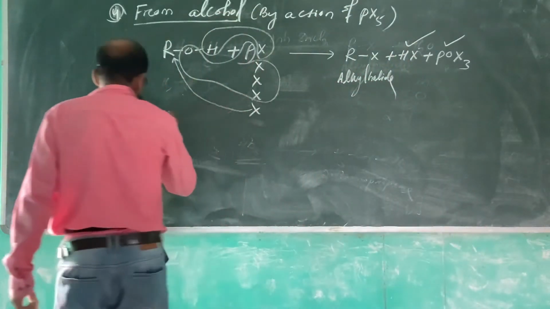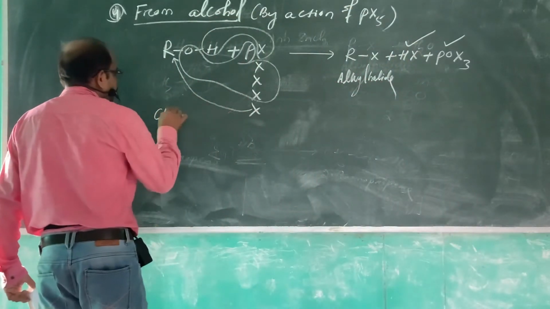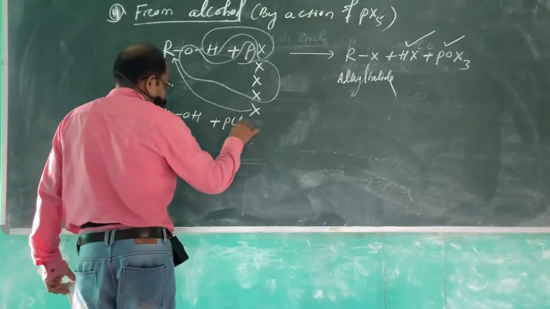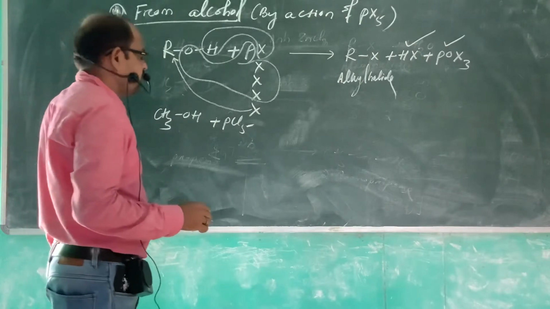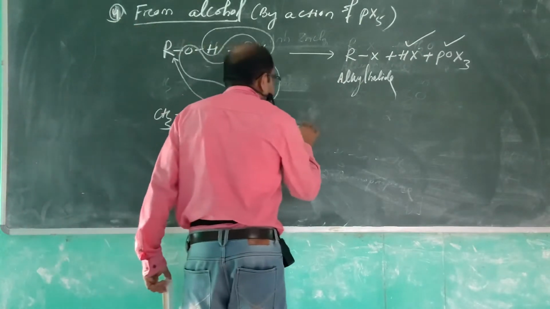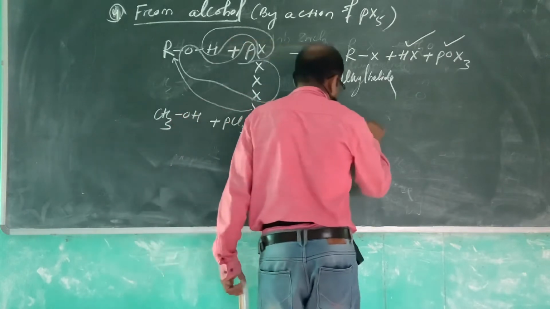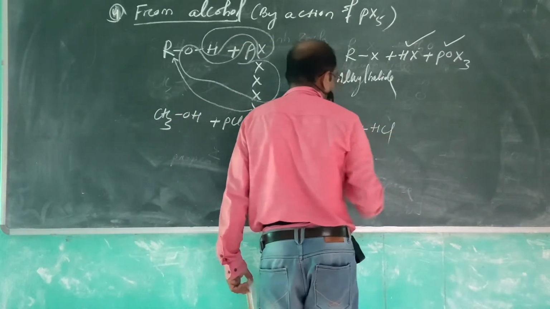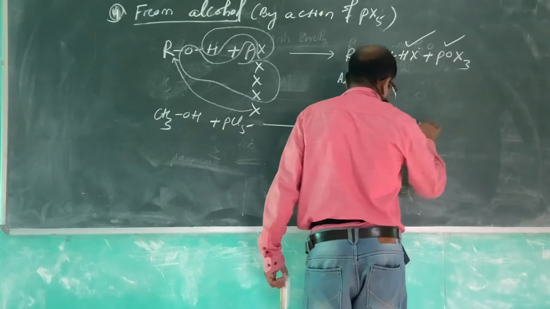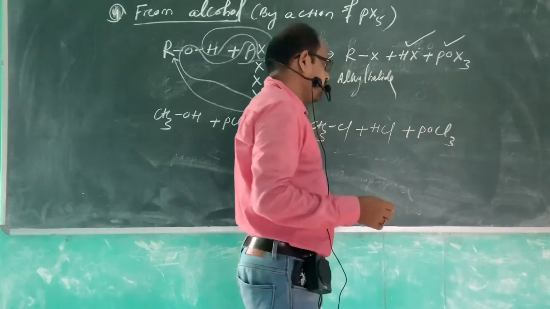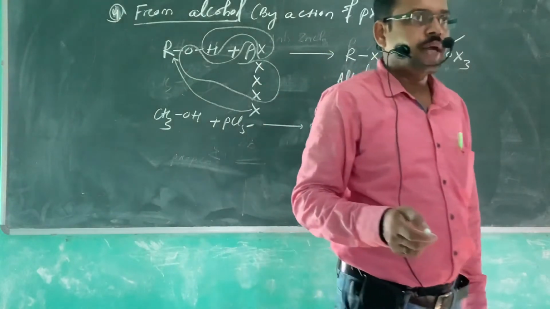Let us consider a reaction of methyl alcohol with phosphorus pentachloride. Then we can get methyl chloride plus hydrochloric acid plus phosphorus oxychloride.